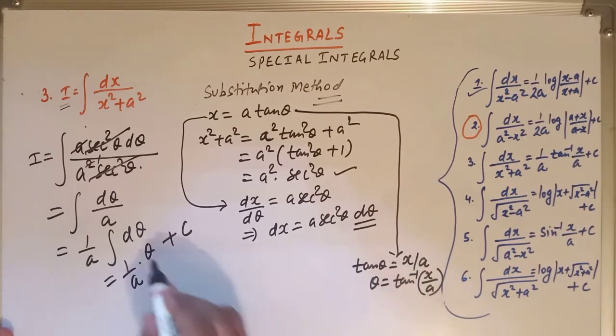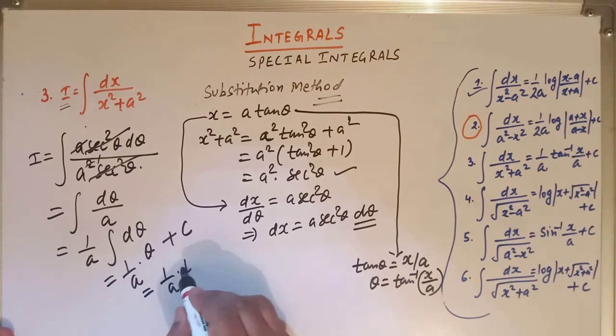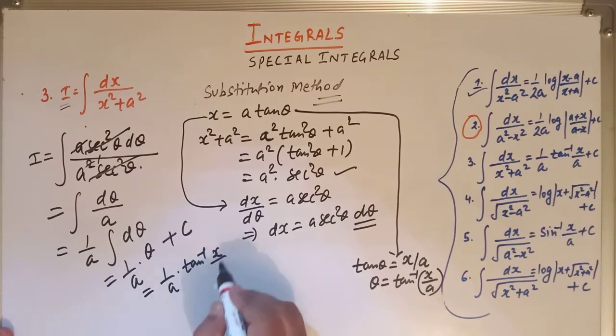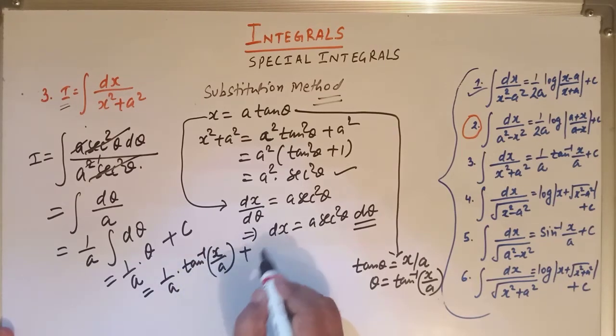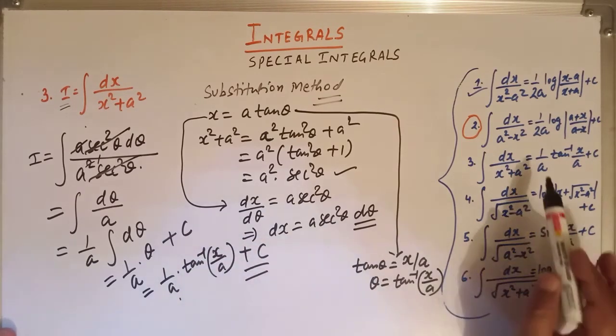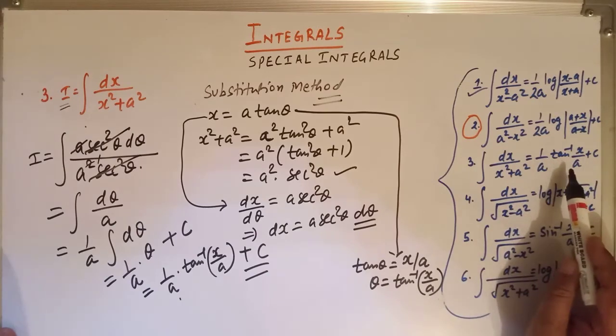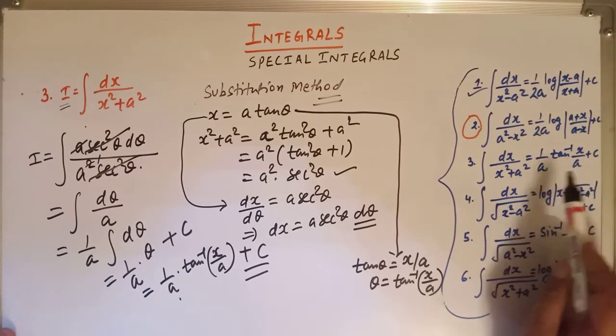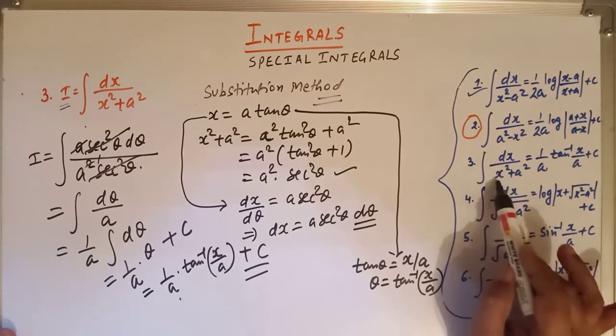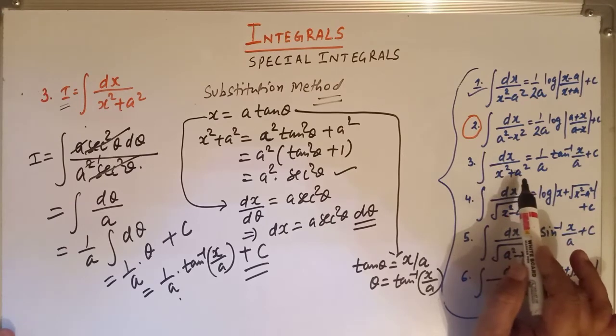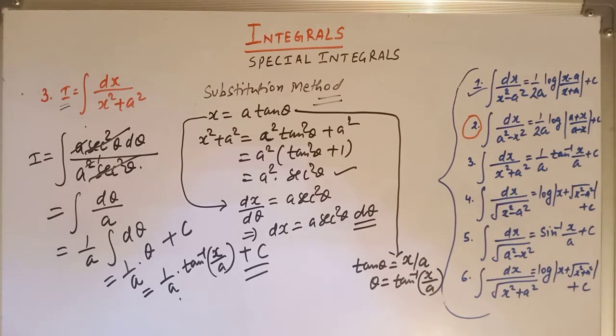So we substitute the value of theta here, so we have 1 over a tan inverse of x divided by a plus c. Clear?